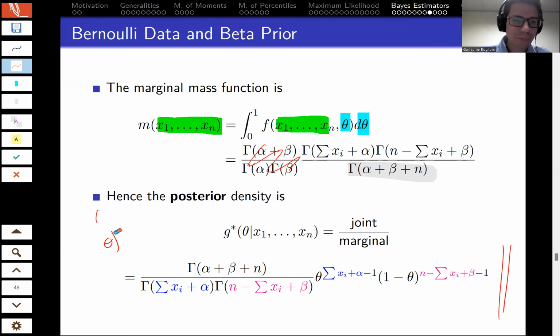The theta is here to the power of a constant. We view this as a constant because it's the observations we've already observed. 1 minus theta to another constant, and then you have exactly the right constant here that makes this a beta distribution.